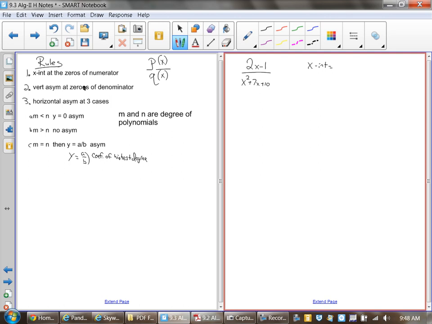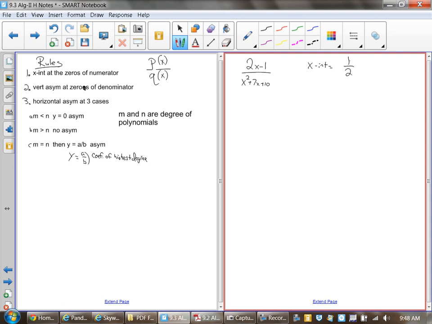Well, in this case, it has an x-intercept, and the reason it does is because there's a value of x in the numerator. Where is the x-intercept for that problem? It's at 1/2. So I know my x-intercept is at 1/2. Just basically solve it for 0. It's the 0 of the numerator. So I set the numerator equal to 0 to figure out what it is.